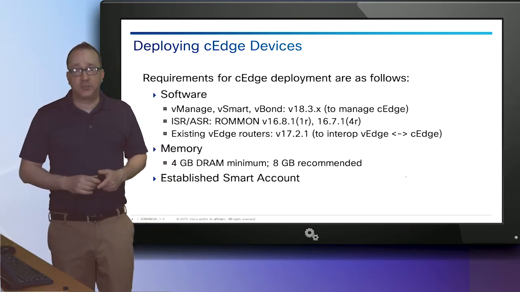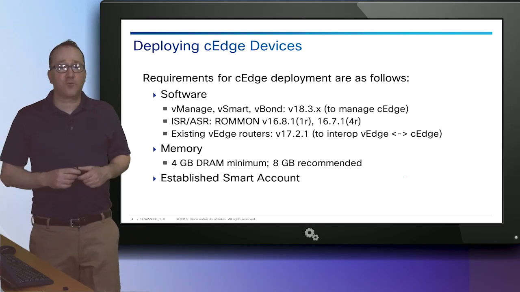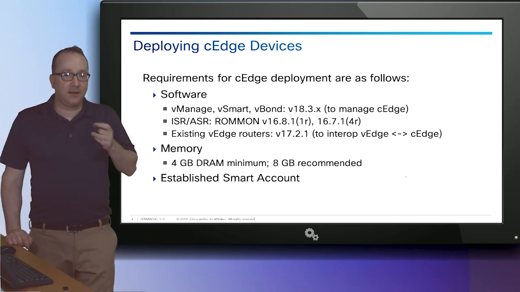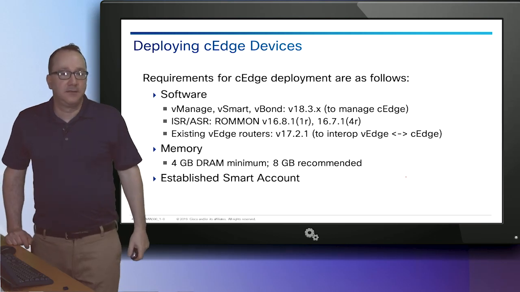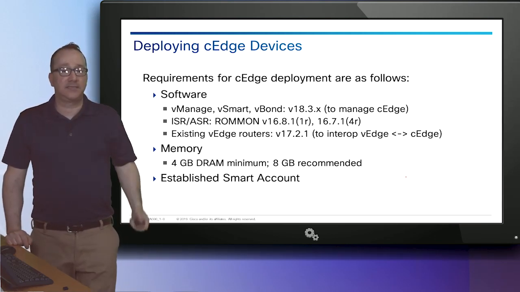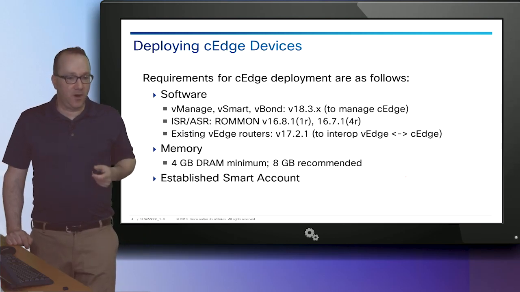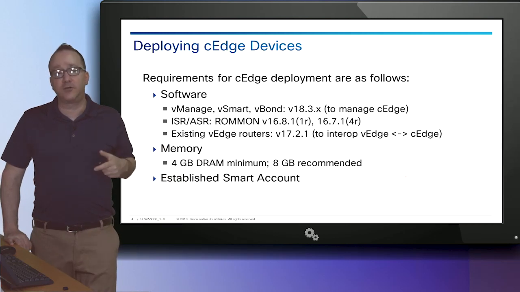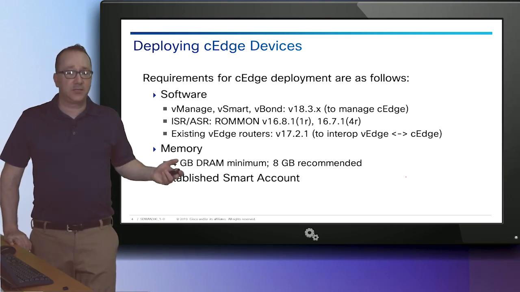Requirements for a cEdge, which means the SD-WAN software running on a Cisco router: you have to have an ISR or an ASR running a newer version of IOS XE. If you want to interop with an existing vEdge, you need at least 17.2.1. And remember, vManage has to be at the same or a higher version than any vEdge or cEdge software.